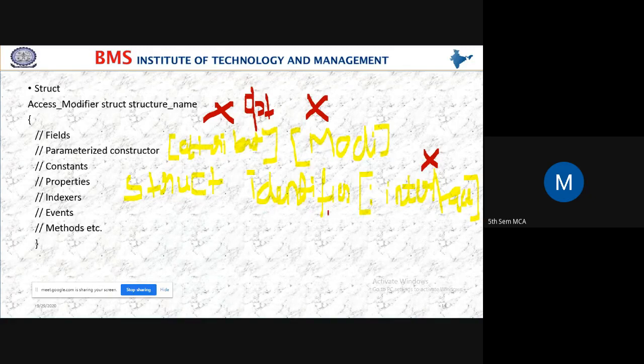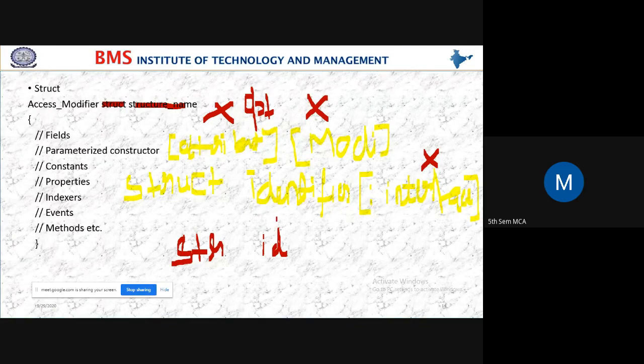Even the identifier I have not mentioned in square brackets, and the interface is also optional. Here in the struct syntax, only the struct keyword and the identifier are mandatory. That's why here I have taken the access modifier with the struct keyword and the structure name. Structure name is nothing but the identifier.